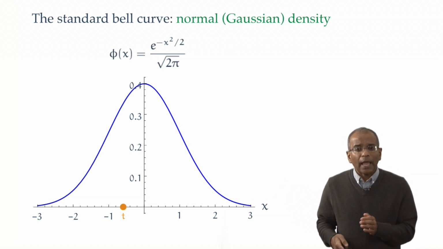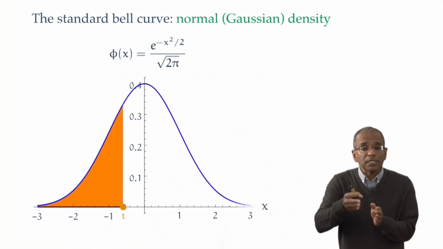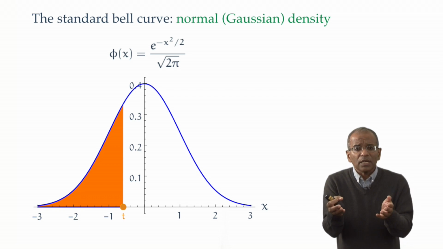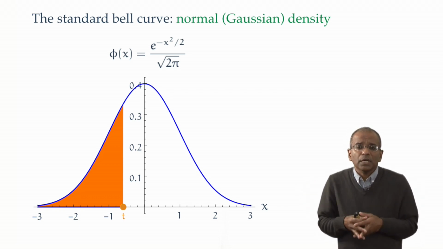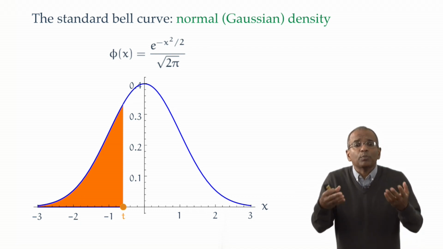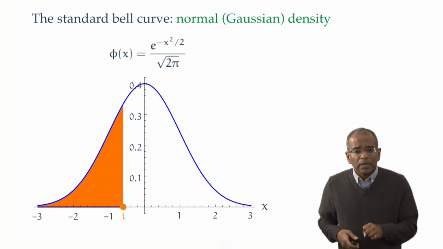In other words, the area all the way in principle from minus infinity up till t. Now, of course, today we can compute this easily and simply on any modern computer, or one could even just type it into the internet and get a quick numerical estimate. So this is easy to do.